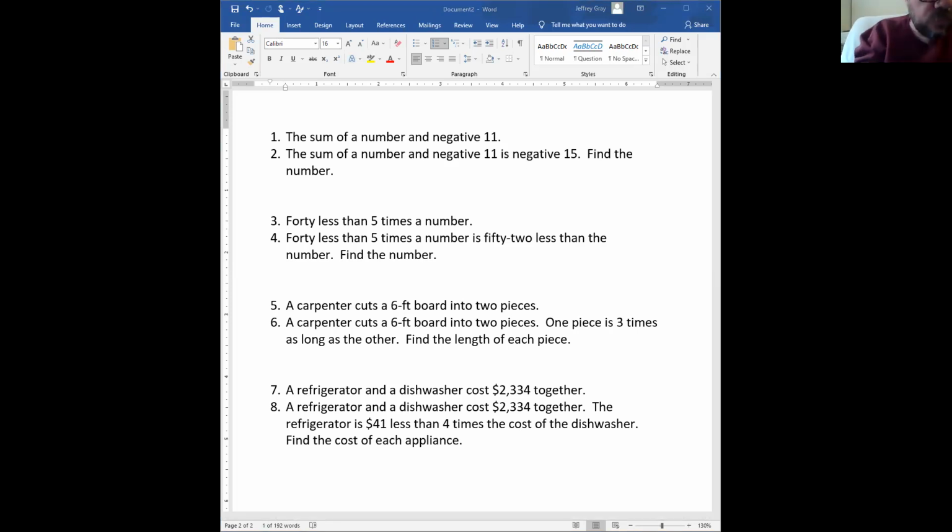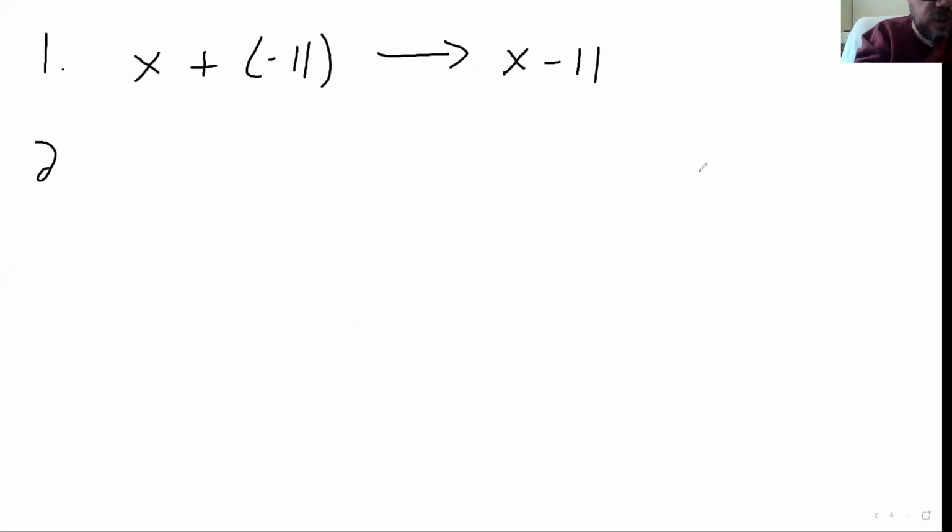Right? So for 2, I'm going to start like this, equals. Now my left side was the sum of x and negative 11, which we've already determined is x minus 11. And then the right side was negative 15. Then we can solve that. Right, add 11 to both sides, x is negative 4. But I'm not going to worry about that right now. Right now, I'm just trying to write them down.